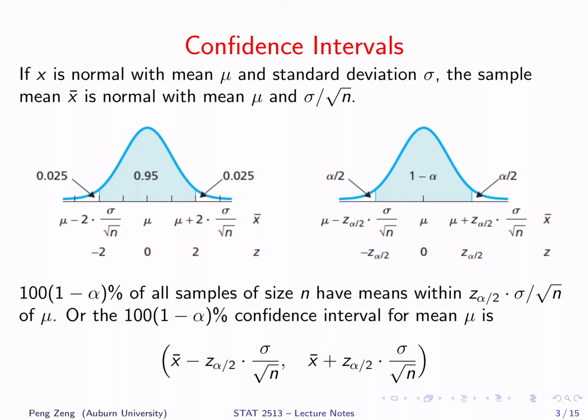We can calculate the corresponding X value from these Z-scores. Therefore, the 100(1 minus alpha) percent confidence interval for the population mean mu is X bar minus Z alpha over 2 times sigma over square root n, to X bar plus Z alpha over 2 times sigma over square root n.